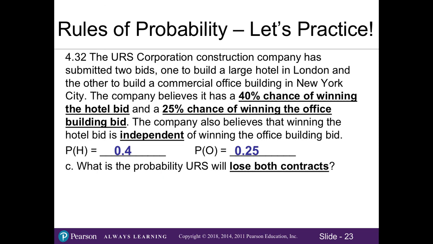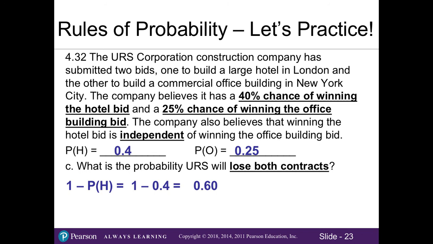Let's say we also want to know what's the probability that URS will lose both contracts. Since we know the probabilities of winning the contract, we can use the complement rule to know the chance of losing. So for the probability of losing the hotel, we would take 1 minus our probability of winning. So 1 minus 0.4 gives us a 0.6 chance of losing our hotel bid.